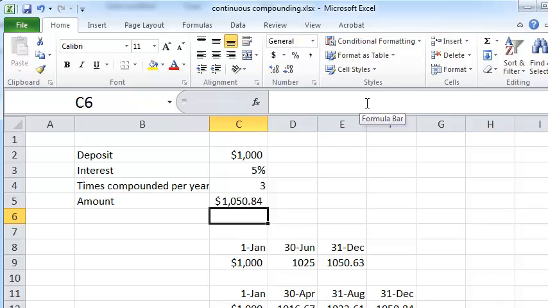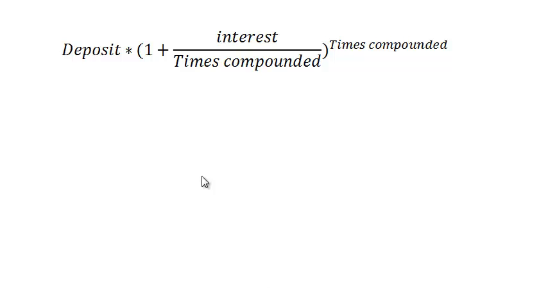Now, what is the most general formula for the number of times compounded? That would be this figure right here: deposit times 1 plus interest divided by times compounded, raised to the power times compounded.